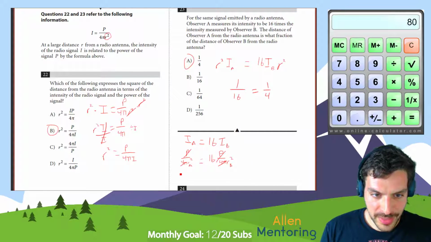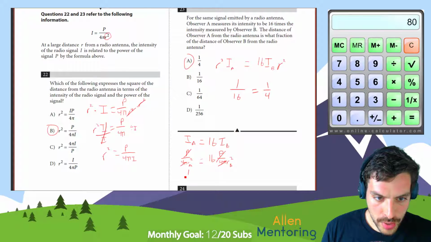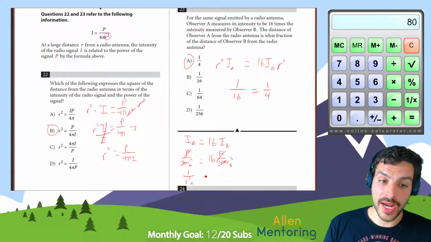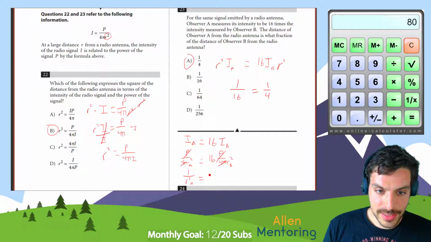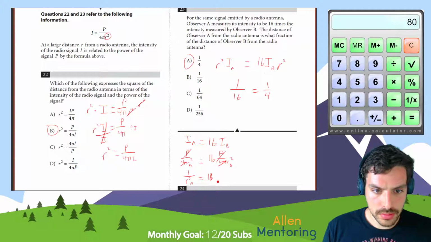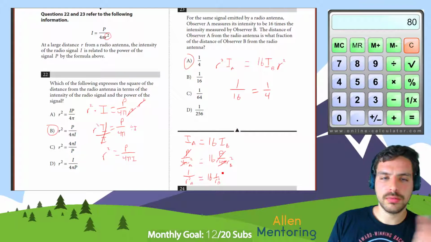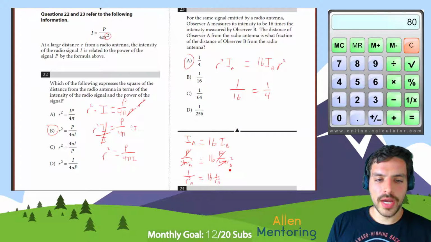All right, if I rewrite this, we see that 1 over r squared, okay? So the 1 over r squared of observer A is equal to 16 times, all right, 1 over r squared of observer B. All right, so we're cool with that so far, okay?